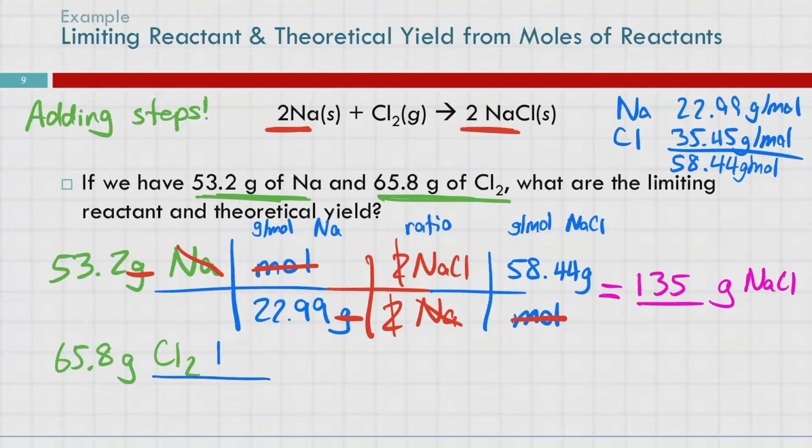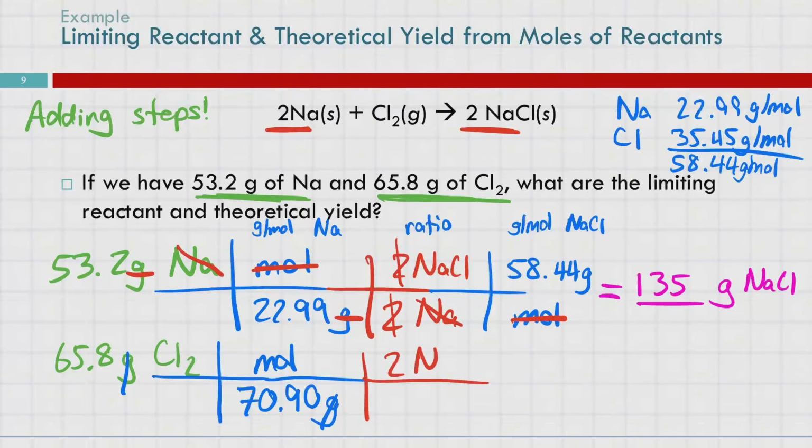Our molar mass for chlorine is 70.90 grams per mole. 2 times 35.45, 70.90. That'll get our grams to cancel. And then these next two steps should look fairly similar.